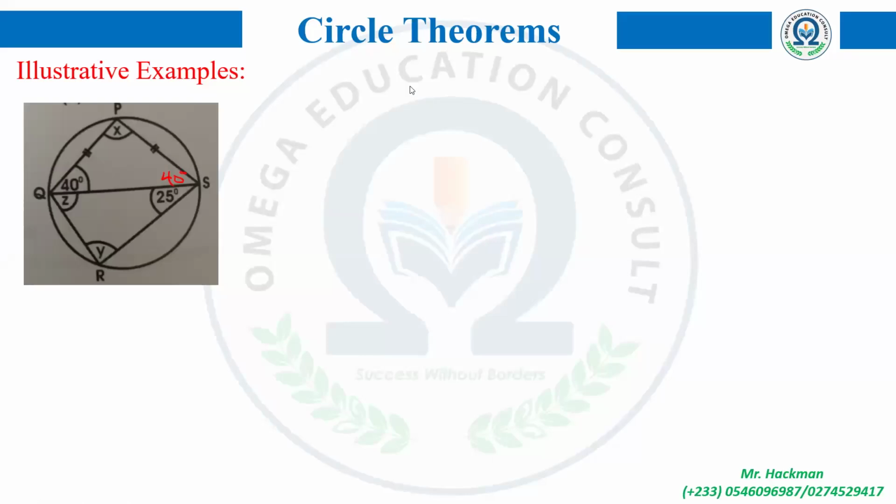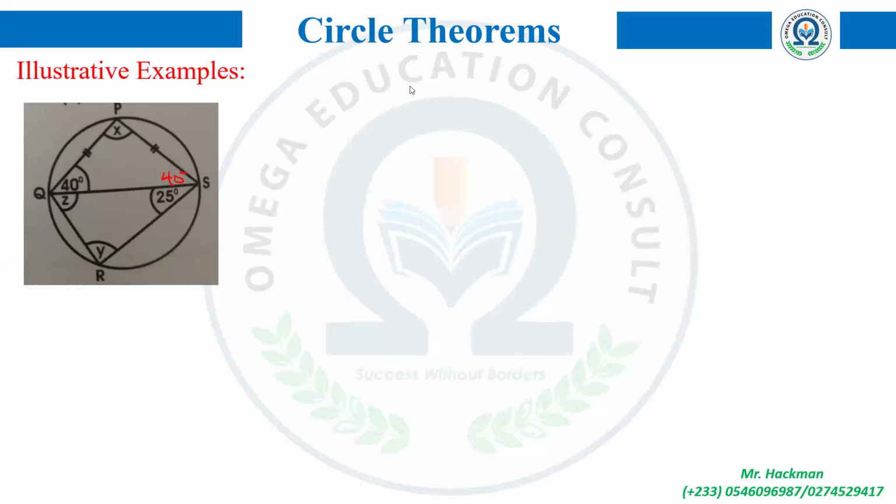So let me see. Ekuya, your hand is up. I was asking about the y. I used another circle theorem, but it didn't have to do with the quadrilateral. Sorry, I used angles in opposite segments.